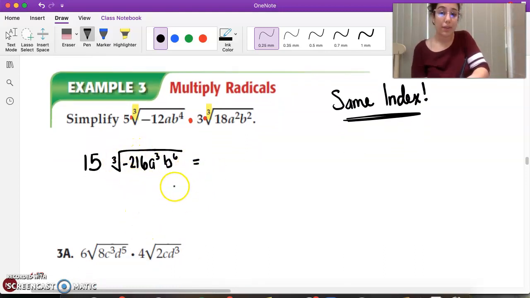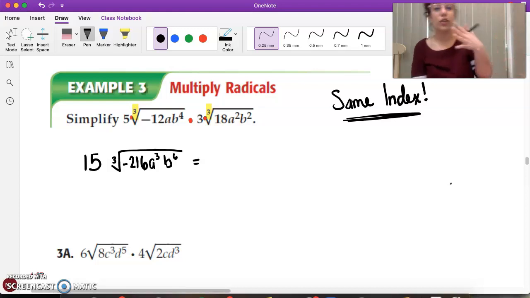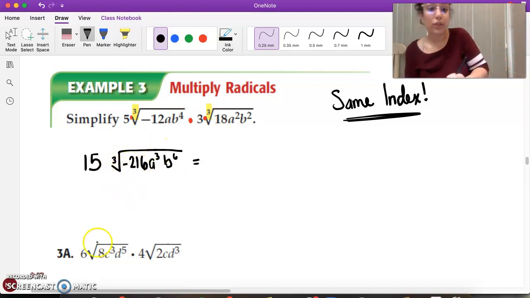So we know how to simplify this. So we have to do the cube root of 216. So you have to ask yourself the question: is it a perfect cube? I just checked. Yes, it is a perfect cube. 216 is 6 cubed. So the cube root of negative 216 is negative 6.